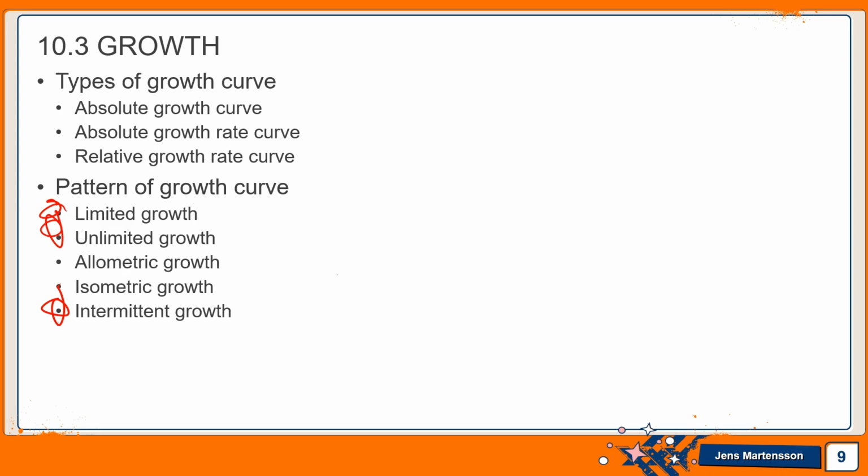But unlimited growth means that the growth is unlimited. This one is special for plant only, plants that can undergo secondary growth. The growth of plant, you know it is like that, right? It is unlimited.